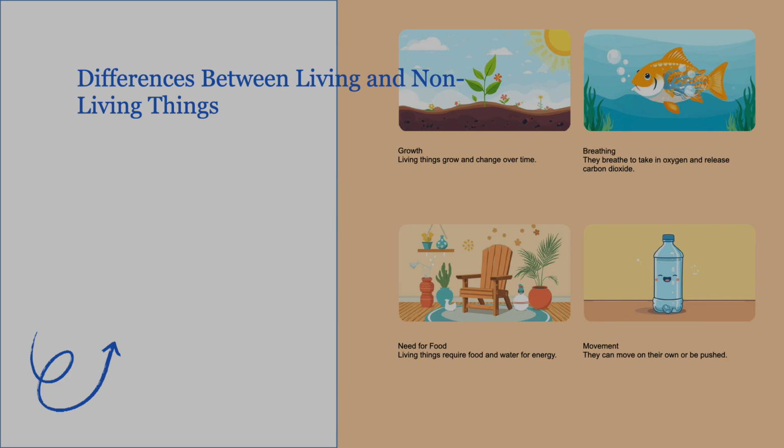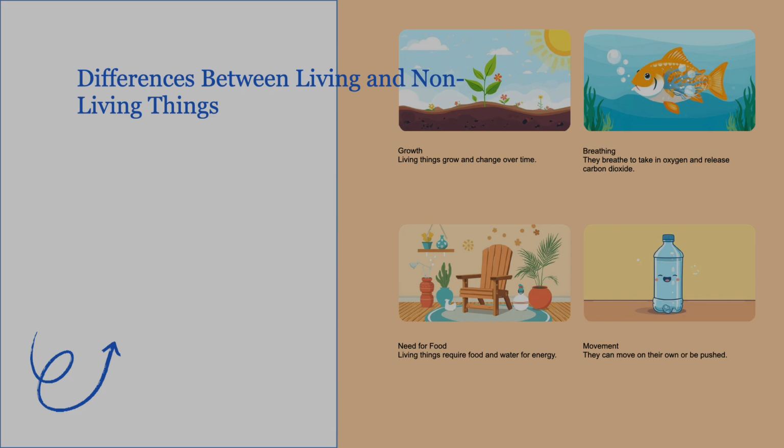Differences between non living things and living things. To clearly separate living and non living things, remember these four big differences. Growth. Living things grow and change. Non living things stay the same unless someone changes them. Breathing.